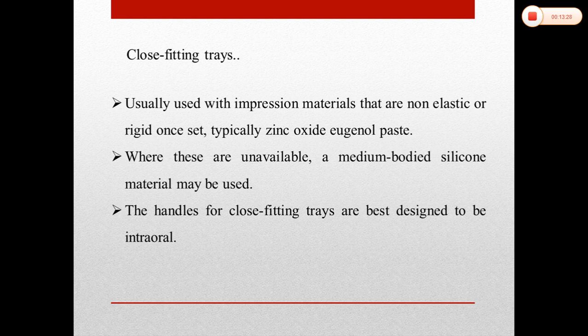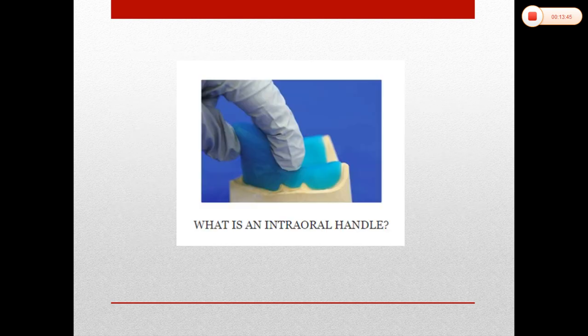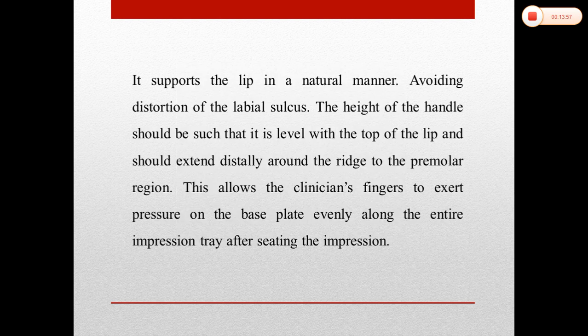That part of the special tray is known as a handle. There are two kinds of handles which can be fabricated for a special tray. One is the intraoral handle, the other is the extraoral handle. For a close fitting tray, we can use an intraoral handle to hold the special tray.